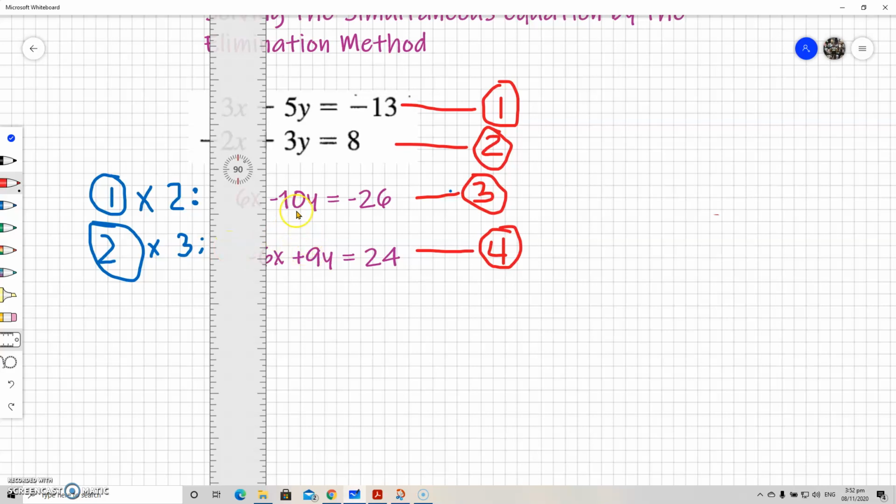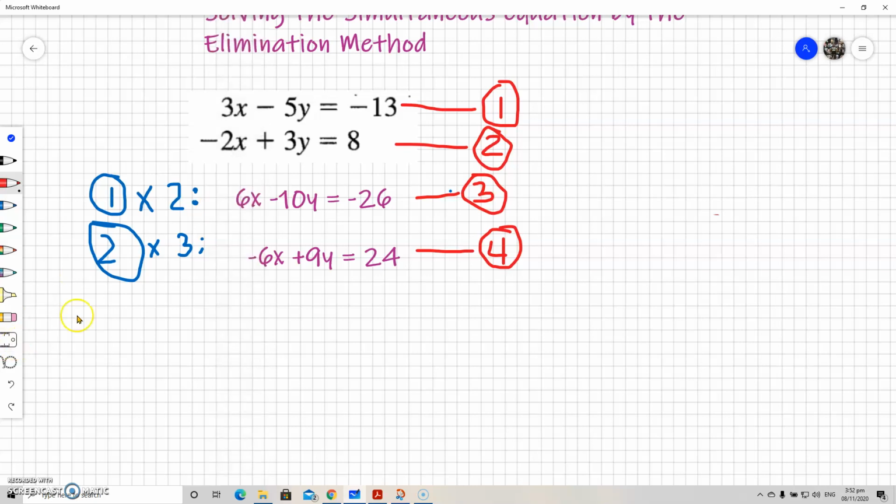We will not eliminate the y term here, we're going to get some terms with y. And that is great, that's what it's supposed to be. Okay, so equation 3 add equation 4.